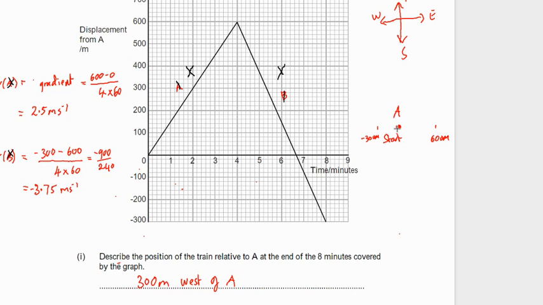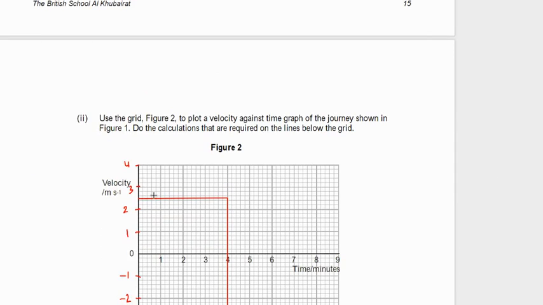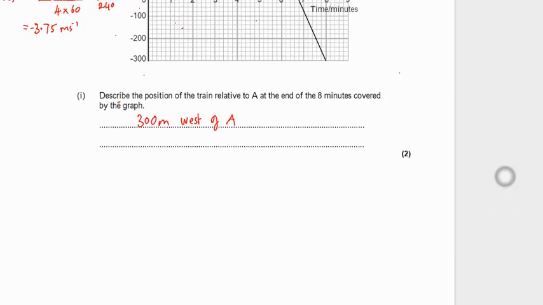So this part of the journey is a positive speed going that way. This part of the journey is a negative speed, which is going that way, minus 3.75. So we know it's constant speed there, constant speed there. So the first 4 minutes, we know that you have a constant speed of 2.5 meters per second.